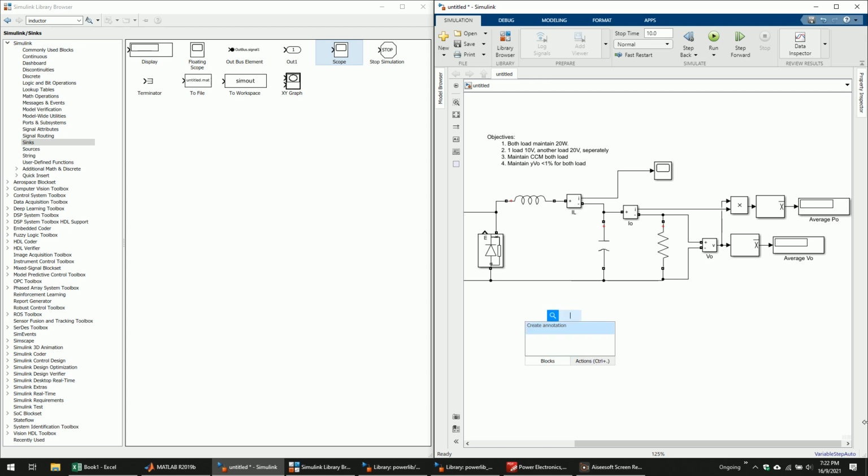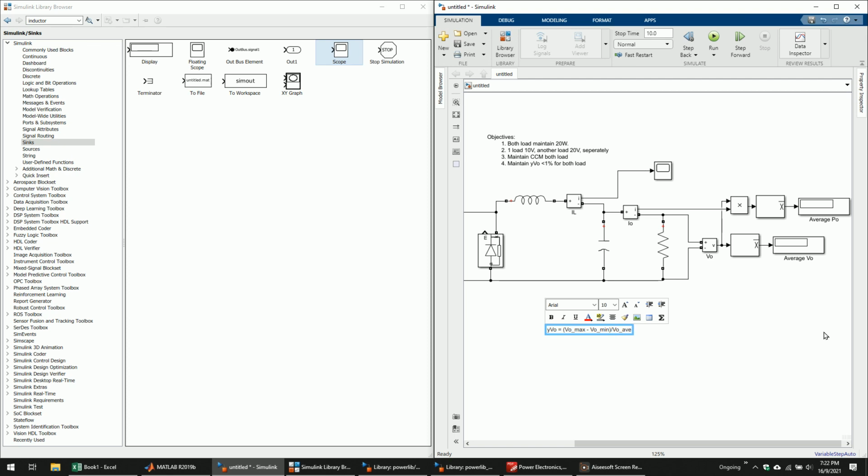So ripple factor, so V out output voltage ripple factor equals V out max, maximum output voltage minus V out minimum voltage, and divide by V out average.